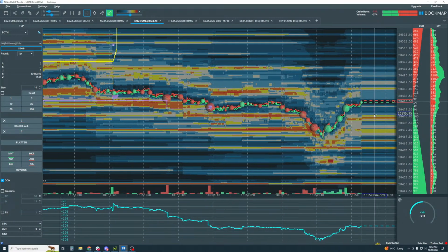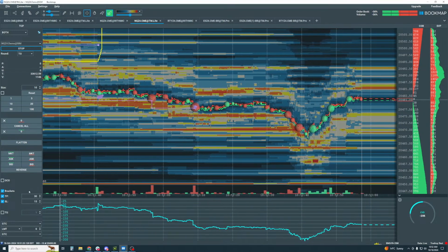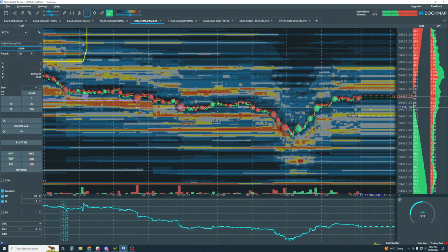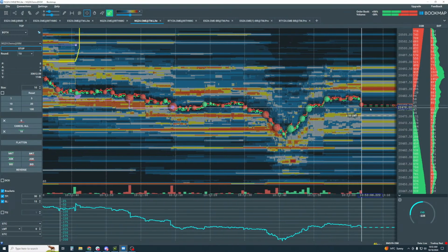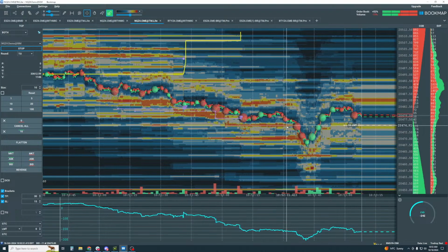Okay, so here maybe we can set a limit. Maybe we can use brackets here. A limit here. Okay, a limit 10. Okay, in this area right here.